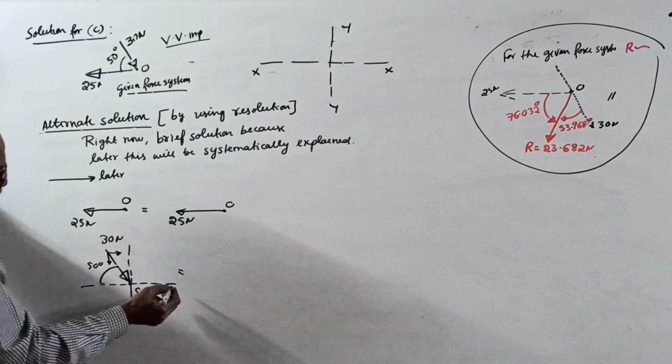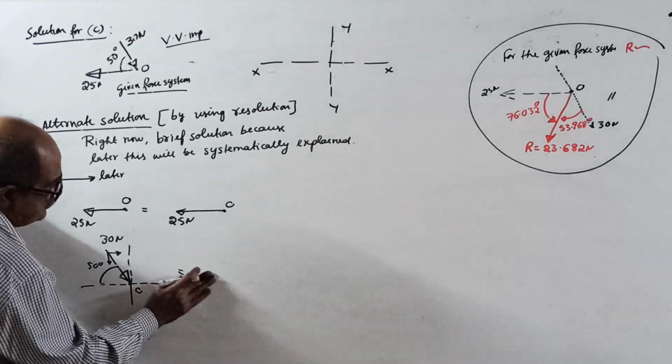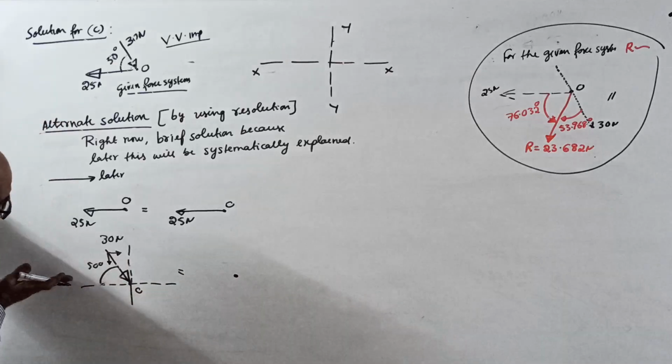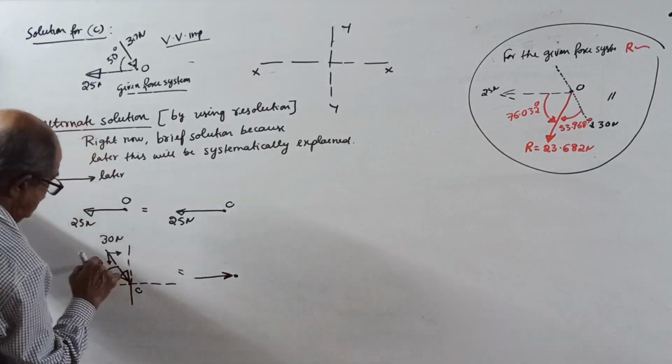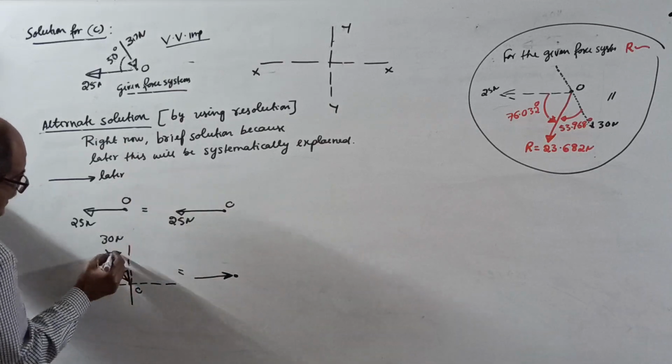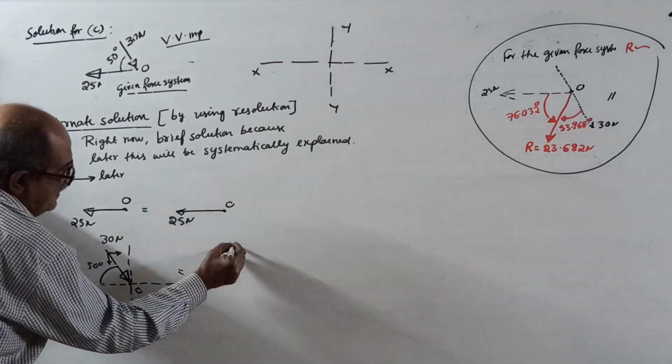This will be systematically told. So, to the point O, there will be one component like this, and one more component like this. See, this component will act like this, and this will act like this.